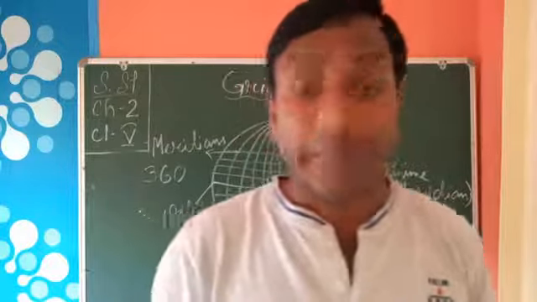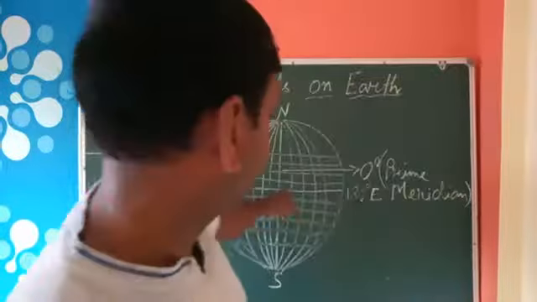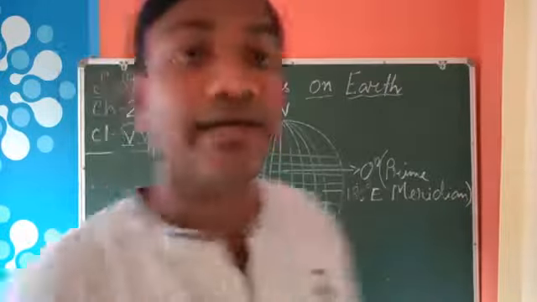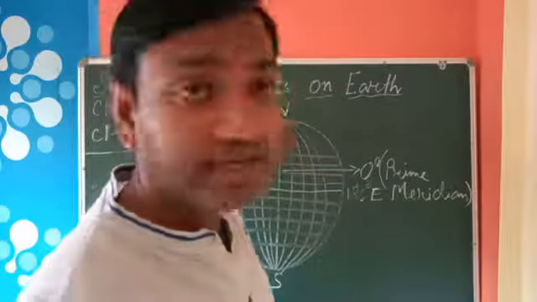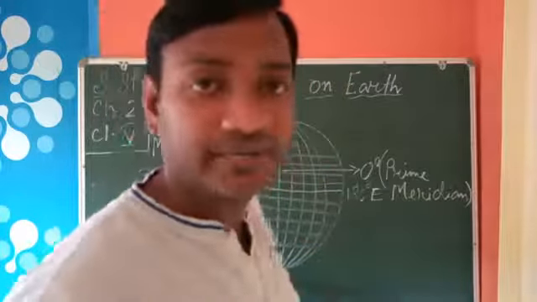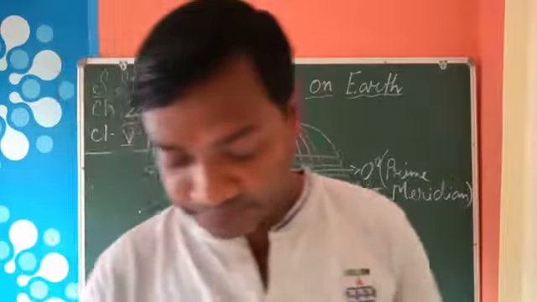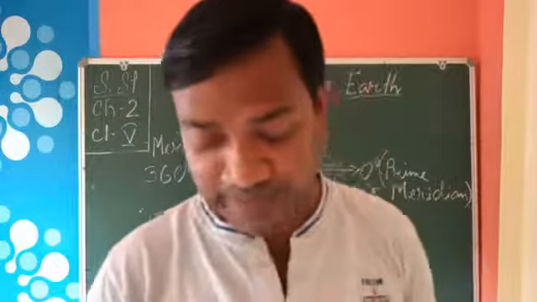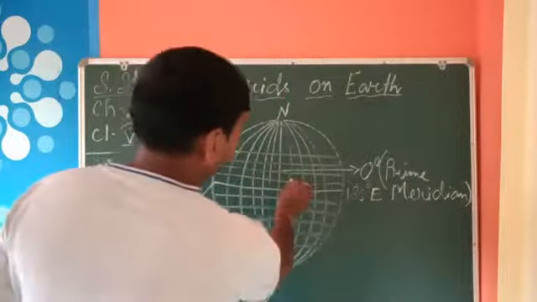We can locate places on maps with the help of these grids. So with the help of these grids, we can locate any place, whether it is east side, north side, or south side. So this is why it is possible to find out the precise position. Now suppose one place is here.